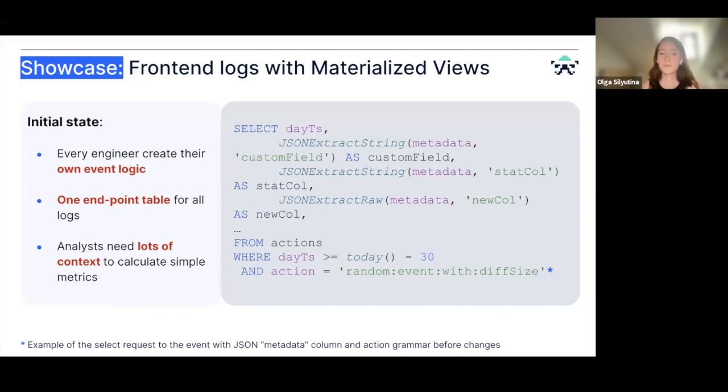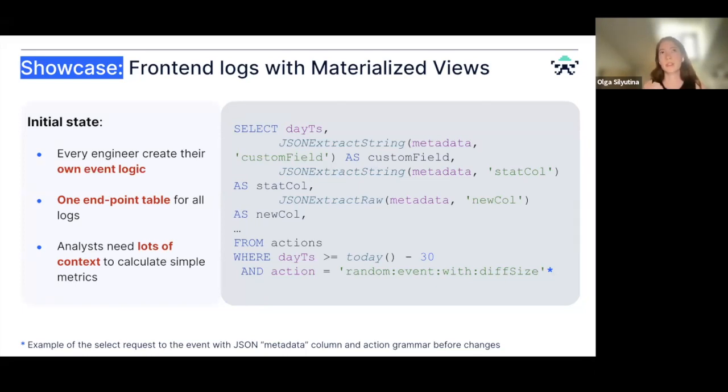So all this led us to the thought that we need to somehow organize the data flow and data inserts in ClickHouse, but at the same time not ask developers to do a lot of new work and new development to make it possible. So we tried to do it on the analytics side.